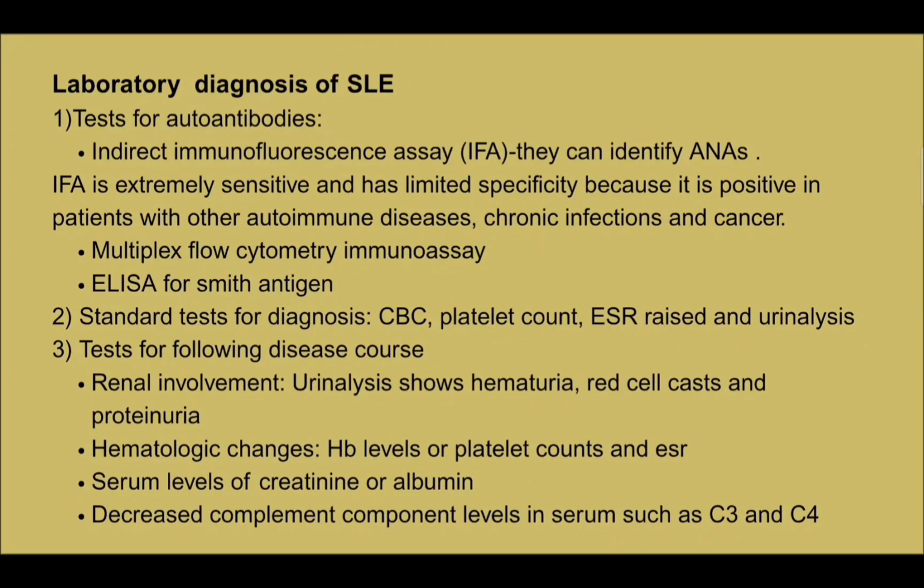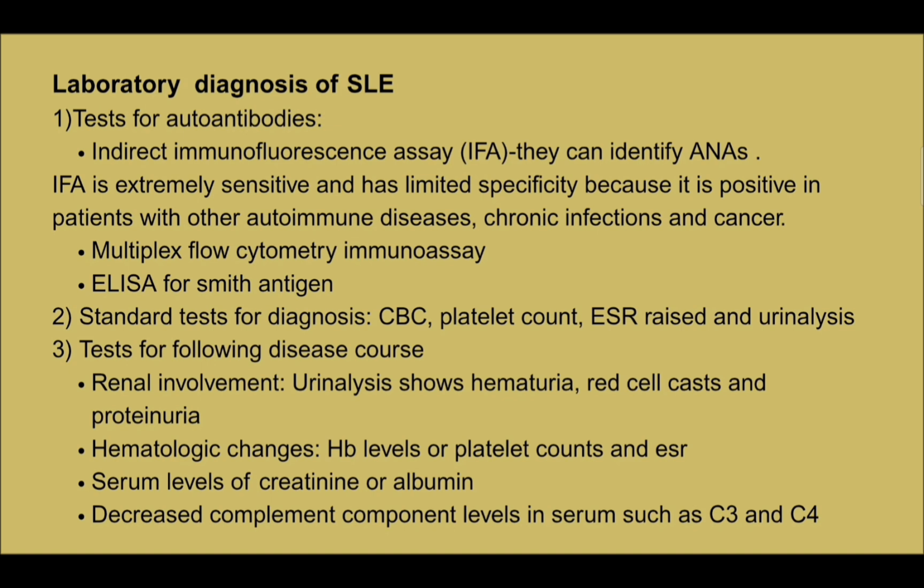Laboratory diagnosis of SLE. The purpose is to establish or rule out the diagnosis, to follow the course of the disease, and to identify adverse effects of therapies. Tests for autoantibodies. ANAs are found in almost all patients, but they are not specific. Various methods of detecting antibodies include indirect immunofluorescence assay. They can identify ANAs.